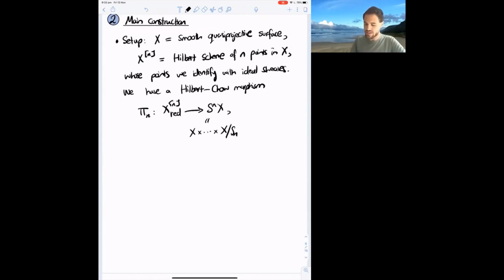And what we do is we send a Z inside of X^[n] to the following thing. You want to look at the length of this Z_x, which I'll remind you what that is in a second. So this object on the right hand side we call the cycle of Z.